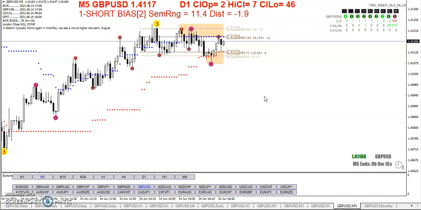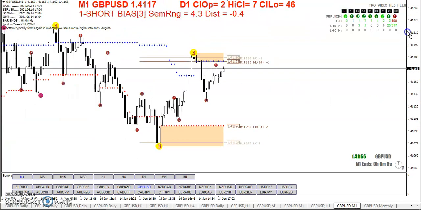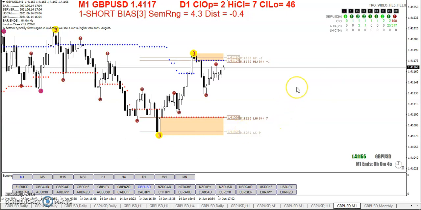And if it has, that gives us a really good clue as to what price is going to do if it returns to that level. And that's what we're trying to do, is take those quick pips off of the movements away from a particular area of support or resistance.